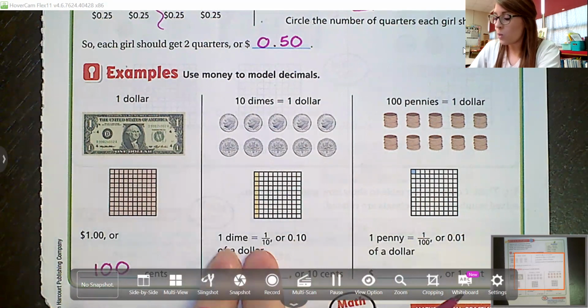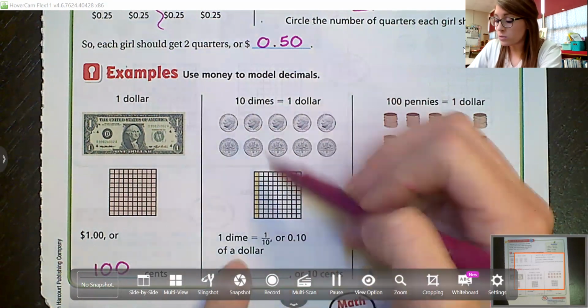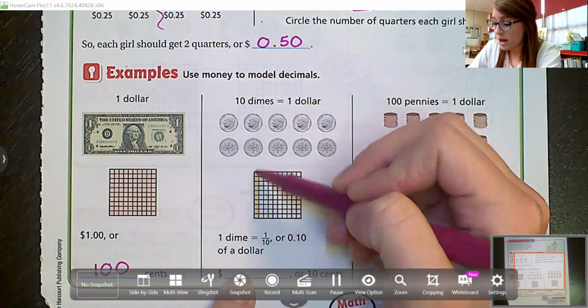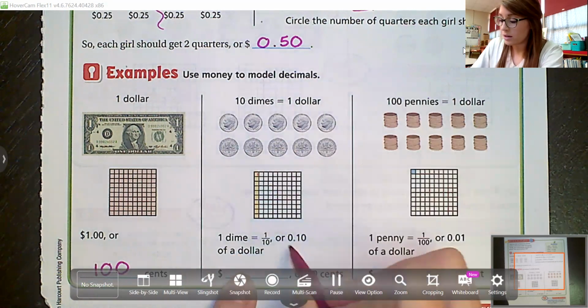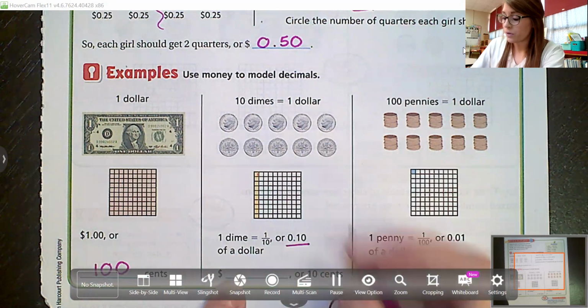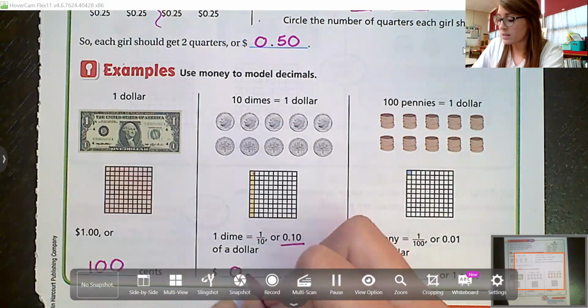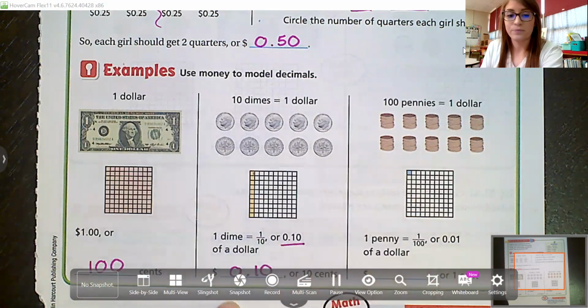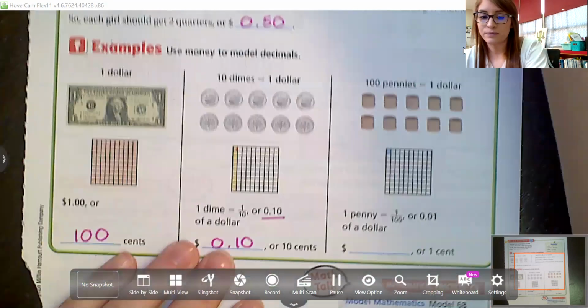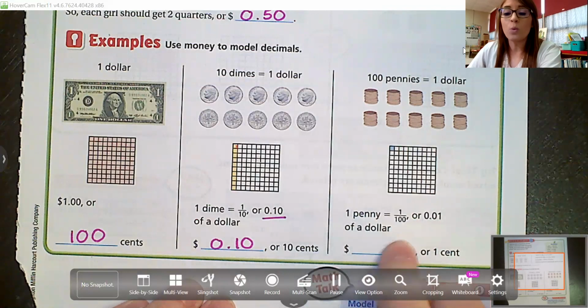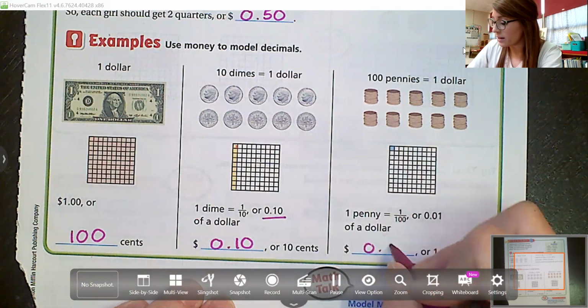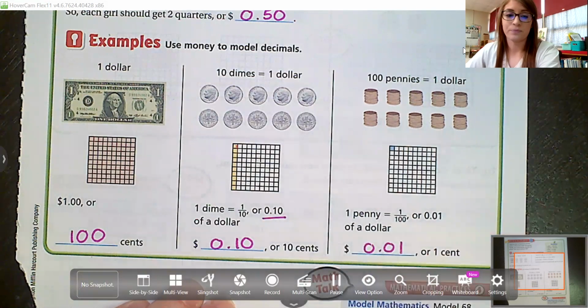Very good. 1 dime equals 1/10 or 10 hundredths of a dollar, and it can be written like this: 10 cents. 1 penny is 1/100th of a dollar, and it can be written like this.